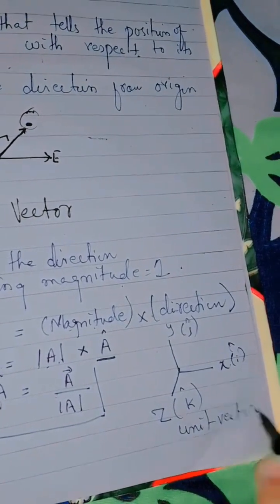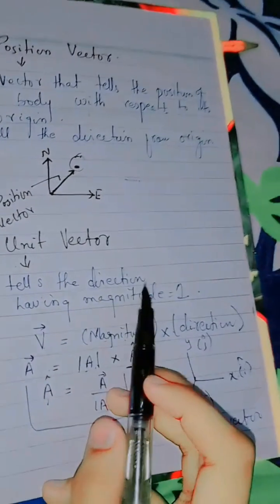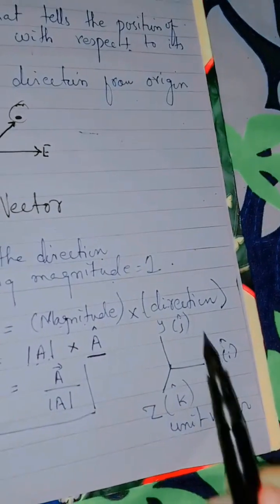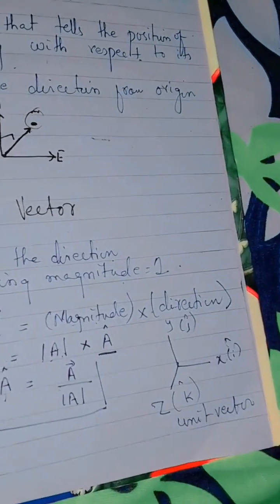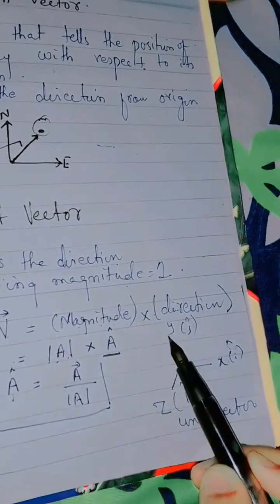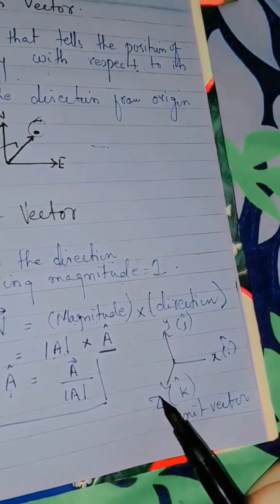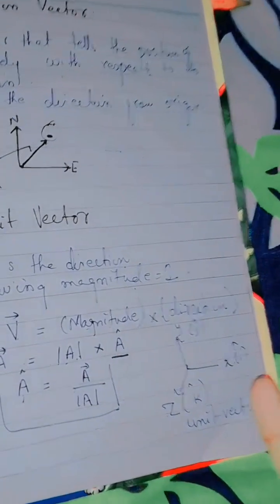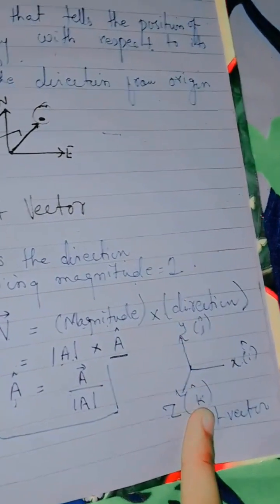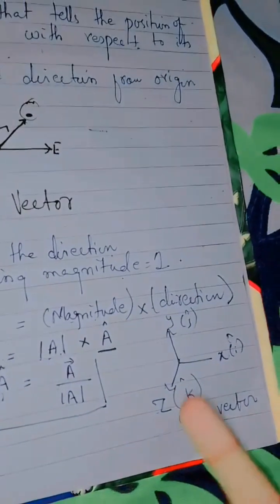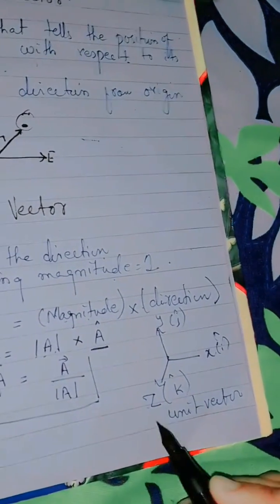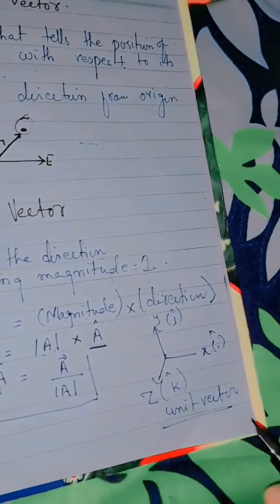How unit vector? Because the unit vector basically tells the direction. So i is telling the direction of x, j is telling the direction of y, and k is telling the direction of z. So what does it mean? That these are the unit vectors that tell the direction of these axes. So these are actually the unit vectors.